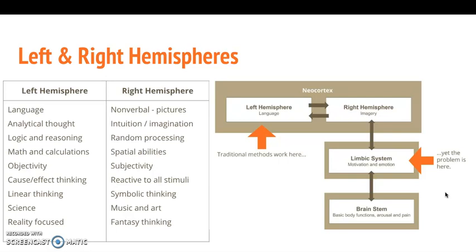As you can see in the diagram, the right hemisphere has a direct connection to the body in that it is connected to the limbic system and the brainstem. So when there is a reaction to a traumatic event or experience, a student is hardwired to react and go into a self-preservation or self-protective mode.